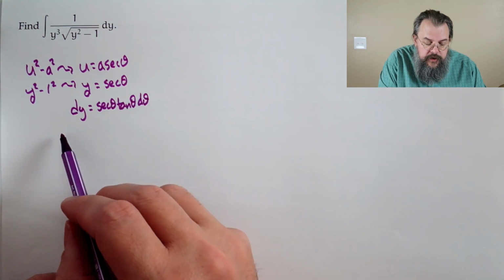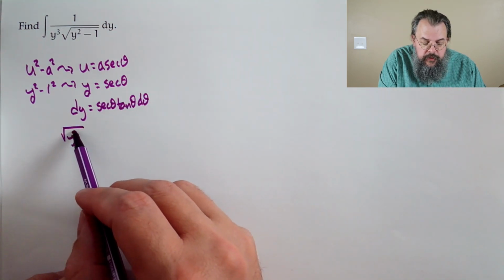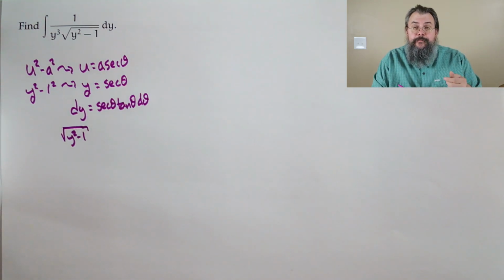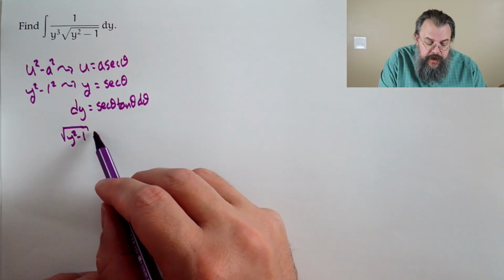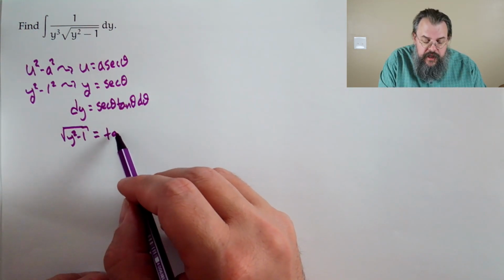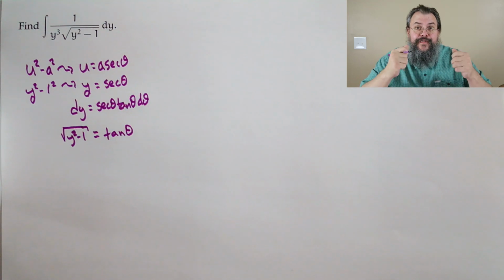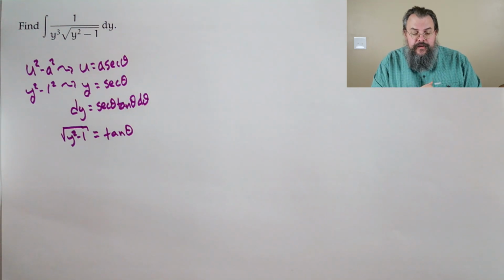How about the square root of y squared minus 1? Well, secant squared minus 1 is tangent squared. So the square root of y squared minus 1 is tangent. That's why we make our trig substitution, because we can actually replace the square root by something nice.